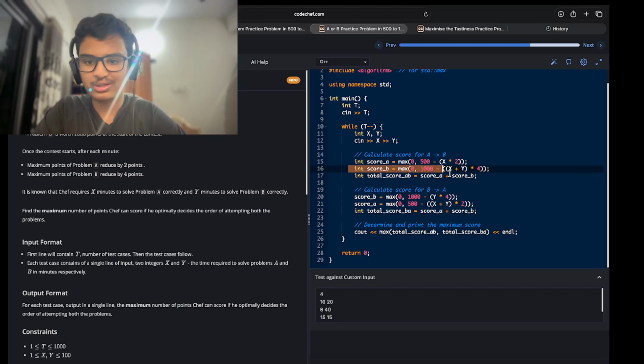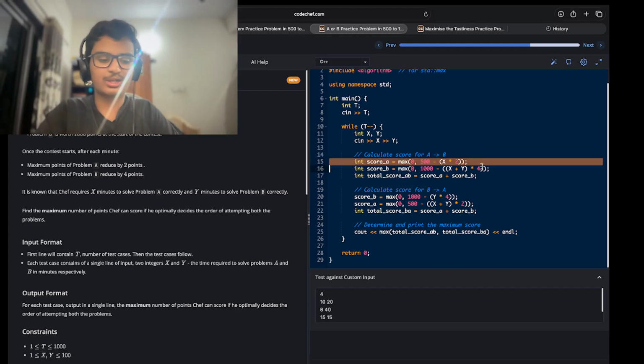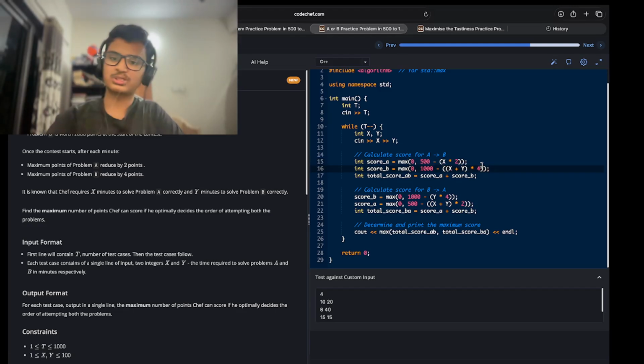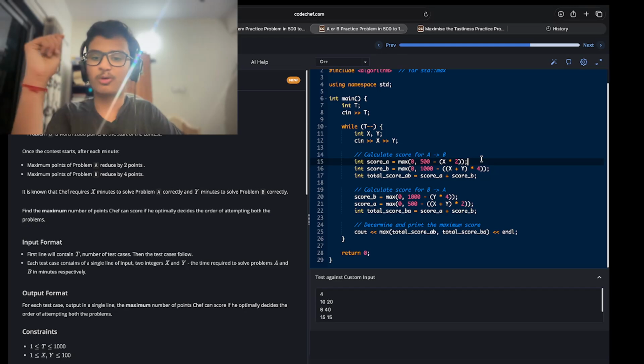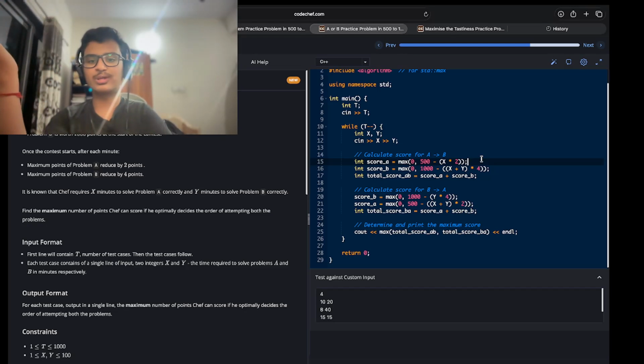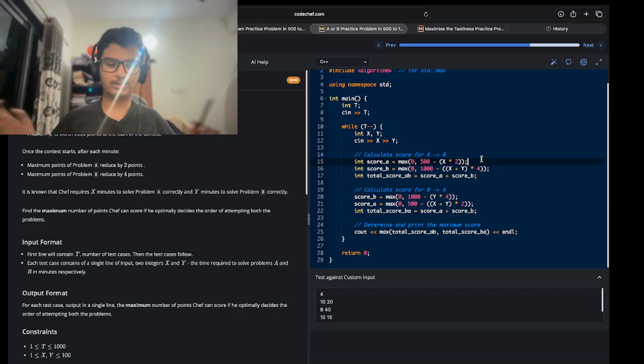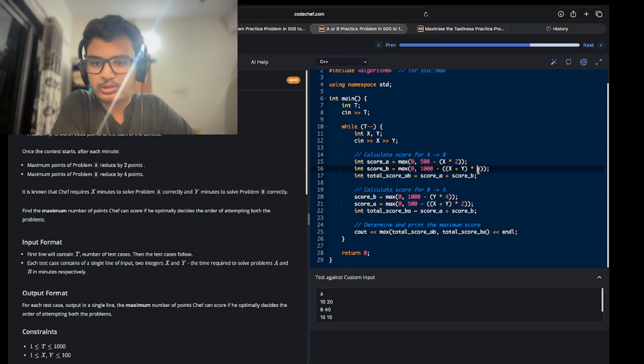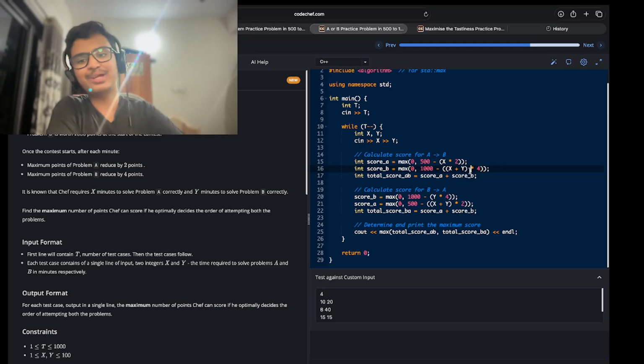So what we are doing is, first of all, we are simulating that score A takes x times 2, and then the points which are going to be reduced is this. And we are not accepting negative values, so we have used max to convert negative values to 0. And why have we added x here?